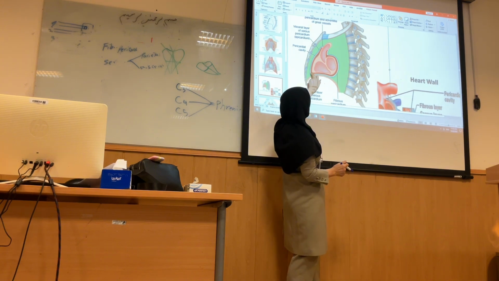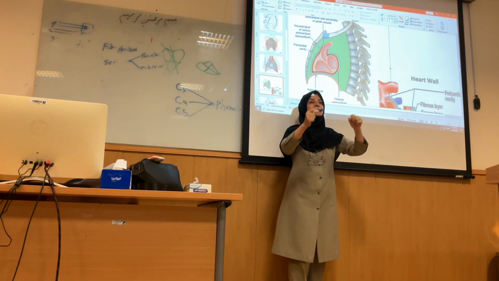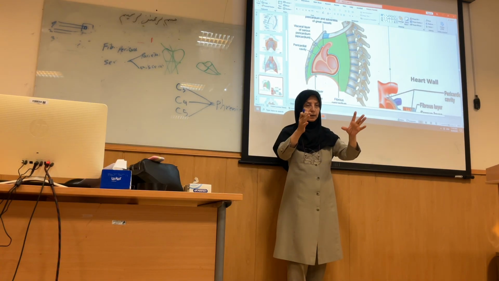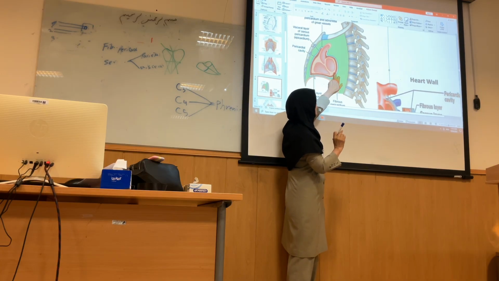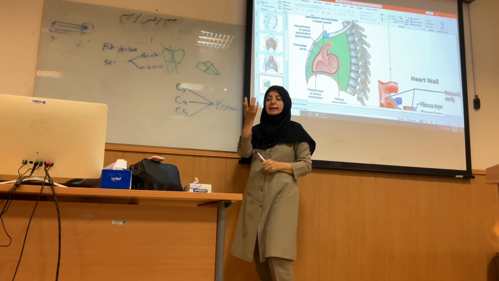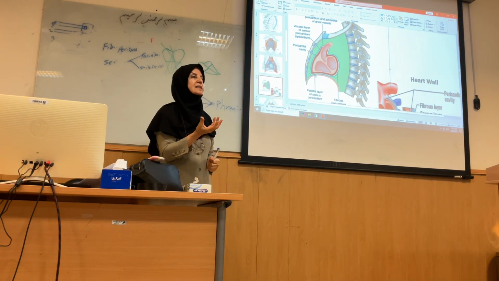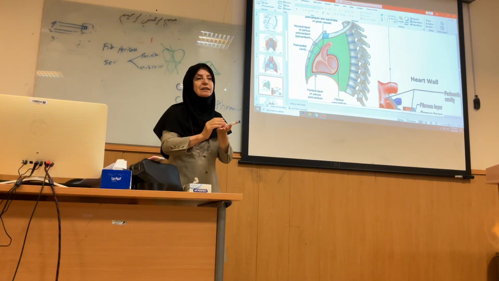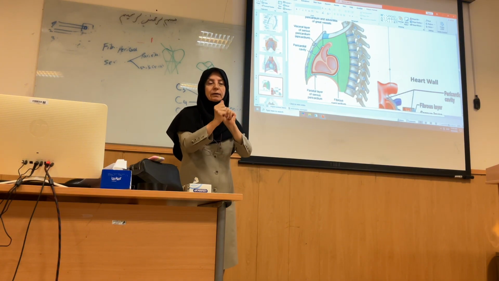Inside of the pericardial cavity, the heart is going to beat during the systole and diastole. And between the parietal serous and visceral serous, inside of this space, we have a small amount of liquid. This liquid decreases the friction and helps the heart function.